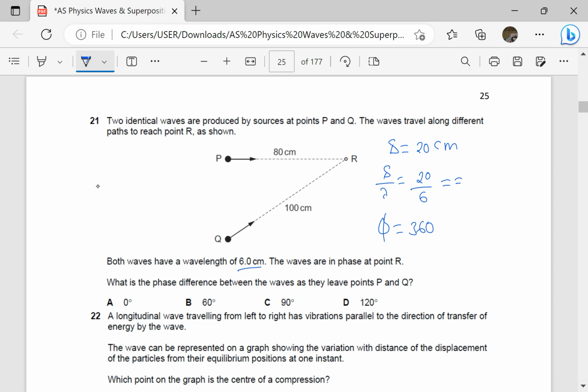Both waves have a wavelength of 6 centimeters. The waves are in phase at point R. That means the phase difference here is going to be 0, or it is going to be 360 degrees. But then the path difference is 20.